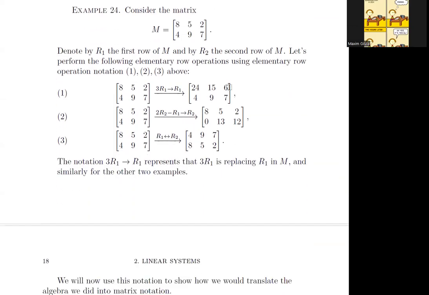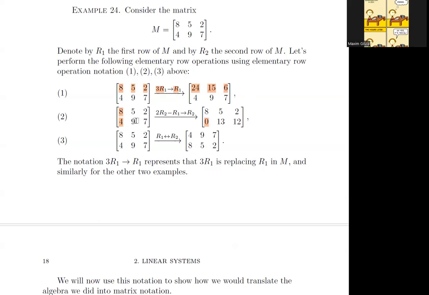So if R1 is the first row of M, what we could do is take 3 times row 1 and put it into the row 1 slot. So 852 got multiplied by 3 and put into the row 1 slot. You could also do something like 2 row 2 minus row 1. So in this case, 8 minus 8 will be 0.